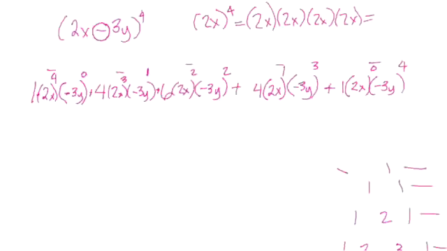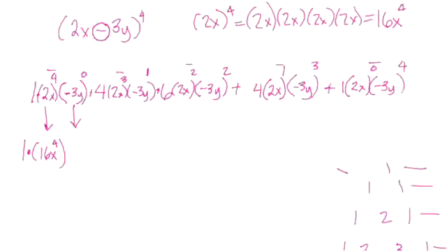So I have to consider all of this. This is 2 times 2 times 2 times 2. It is 2 to the 4th power, which is 16. And then there's 4 x's, so 16x to the 4th. So this part, I can bring down my 1 times what I got for this part, which was 16x to the 4th.